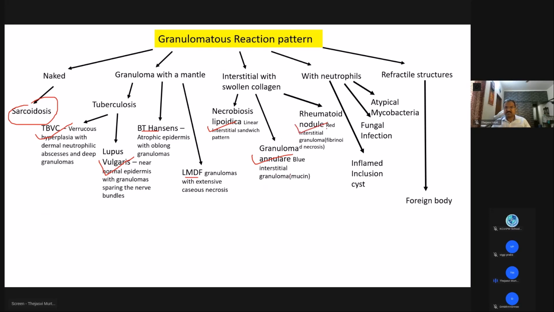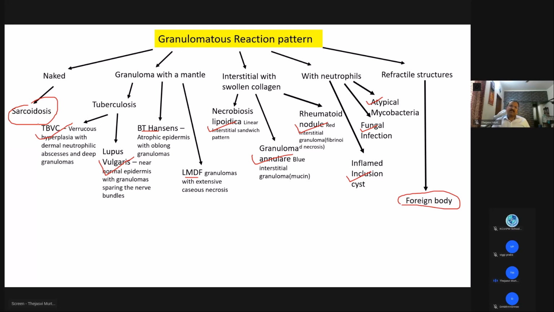Rheumatoid nodule: red interstitial granuloma with fibrinoid necrosis. Then atypical mycobacteria, fungal infection, and inflamed inclusion cyst can all have a neutrophilic infiltrate. Refractile structures, if you're seeing them within a granulomatous reaction, it's most likely a foreign body reaction. Any suture, any foreign particle, etc.